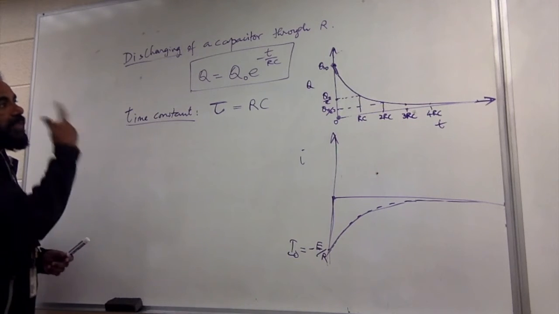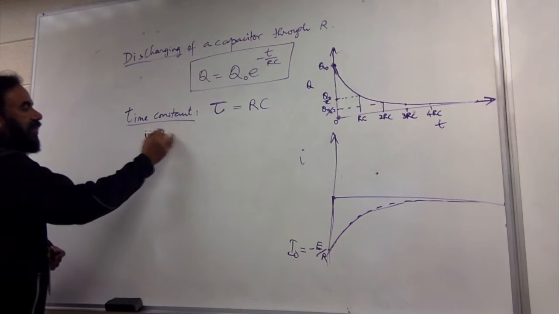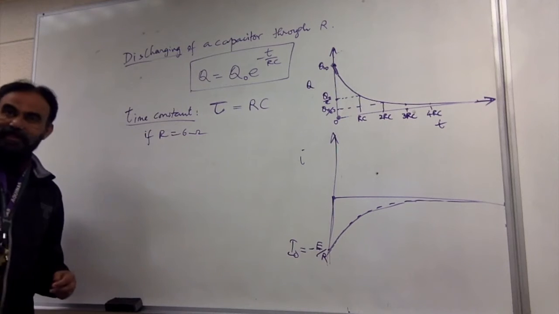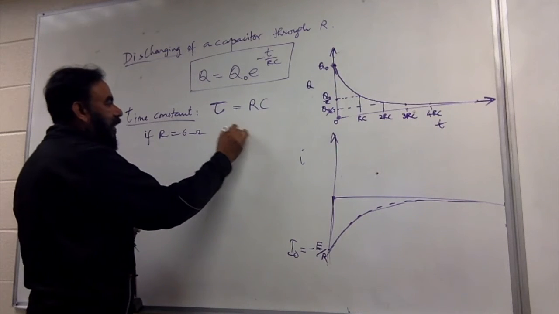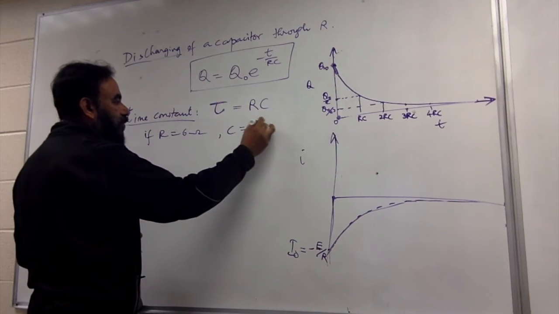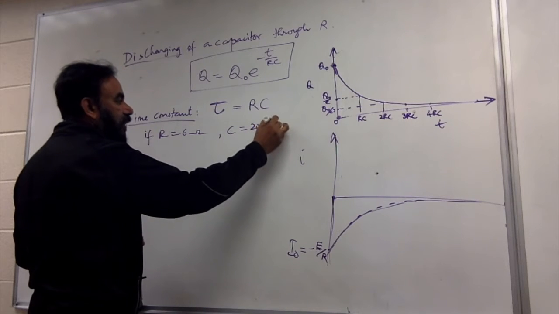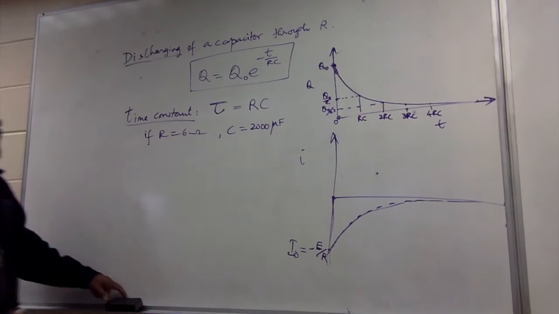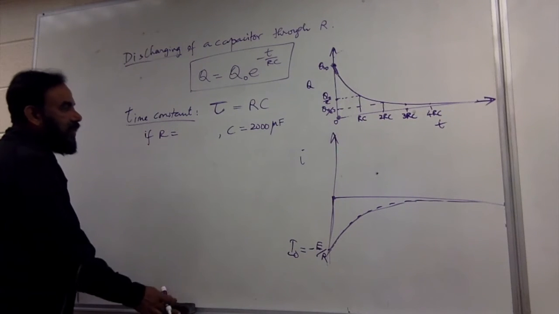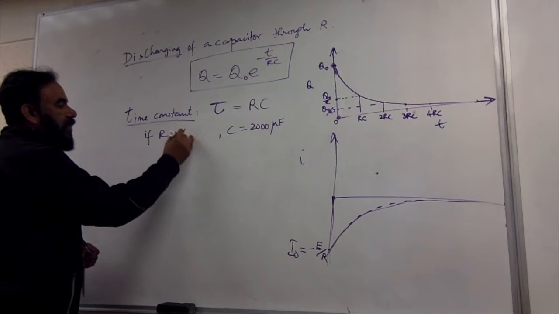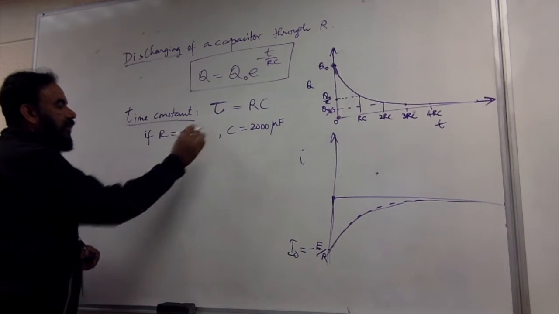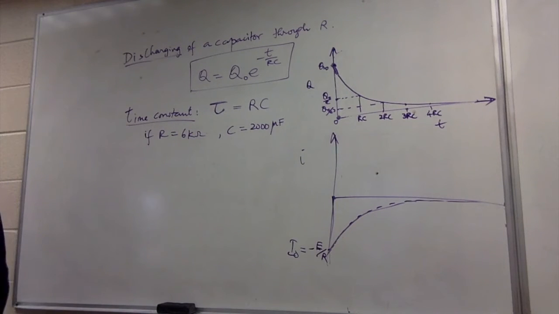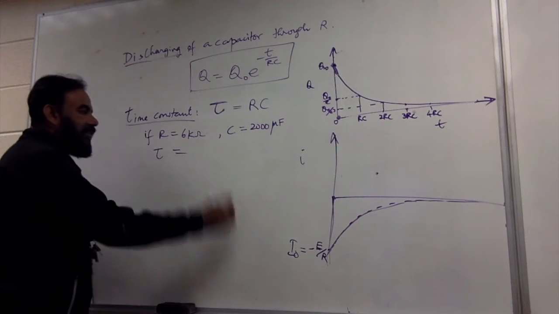Alright, so let me give some numbers. If R is equal to 6 kilo ohms, and the capacitance is equal to 2000 microfarads, can you tell me what the time constant is?